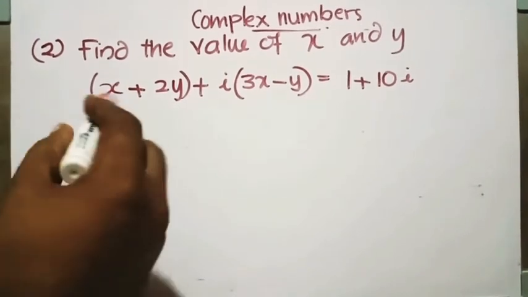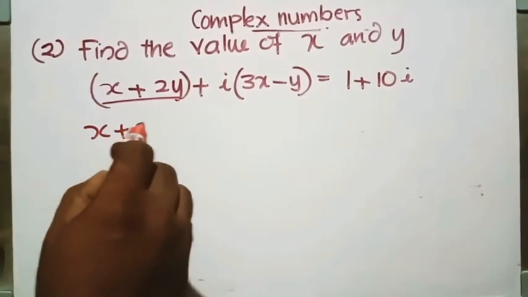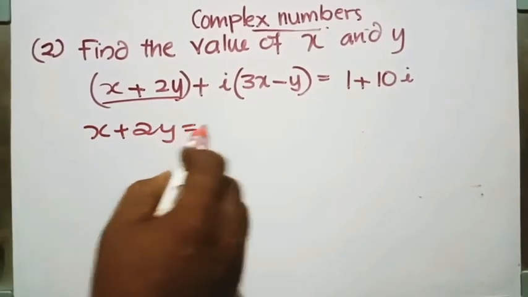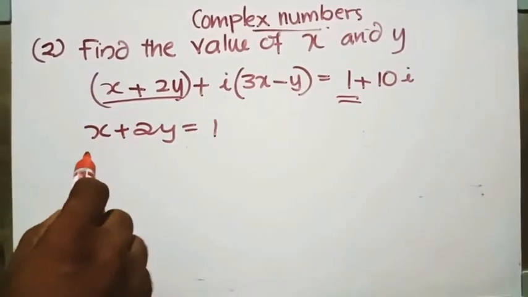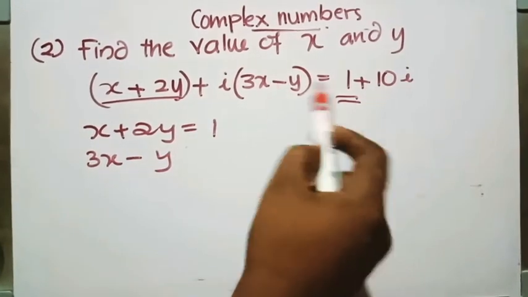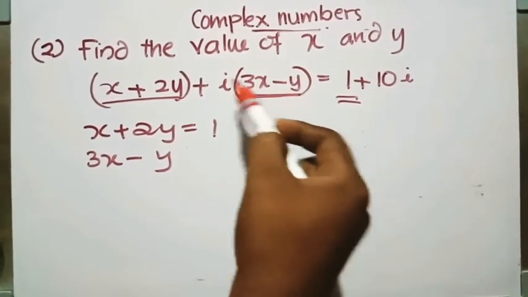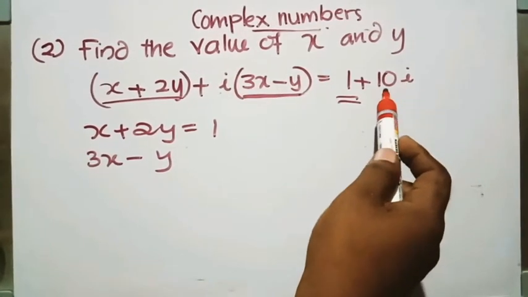So we get x plus 2y is equal to 1. 1 is the real part. And 3x minus y is the imaginary part with i, so the imaginary part is 10 here.